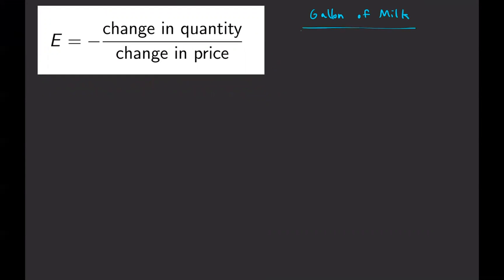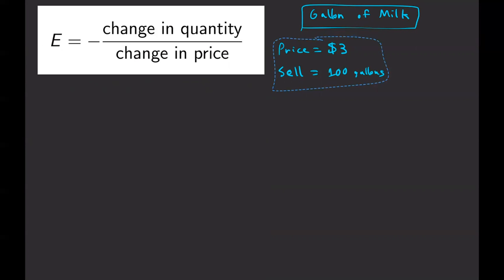And let's say that when the price equals $3, the grocery store that's selling this gallon of milk ends up, over the course of a day, maybe selling 100 gallons. And then they're going to change this. Let's go ahead and change the colors here.